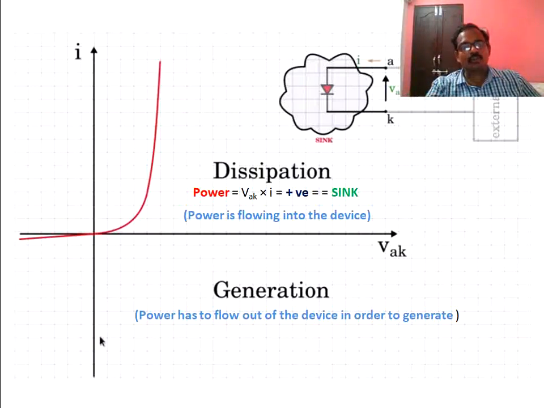So how can we make it act differently? Suppose this diode acts as a solar cell, then power has to flow from the device into the external circuit. Power has to flow out of the device in order to generate power.